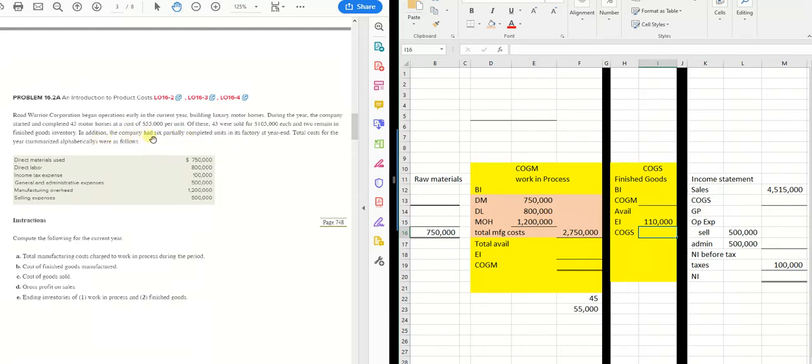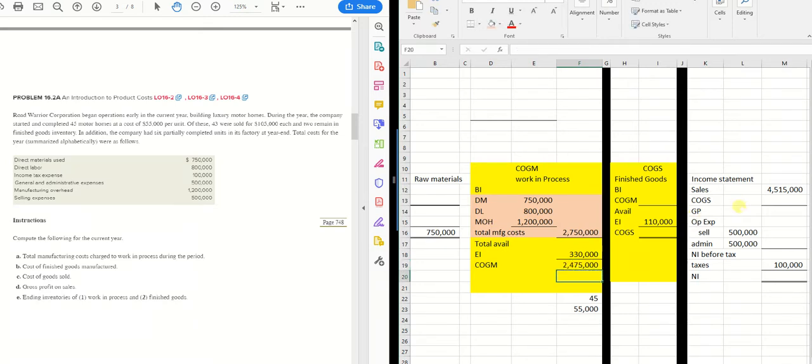In addition, the company had 6 partially completed units in its factory at year end. Okay, so I have 6 in ending inventory. All right, and so notice that I started and completed 45 homes. So if I completed them, I have 45 times 55,000.